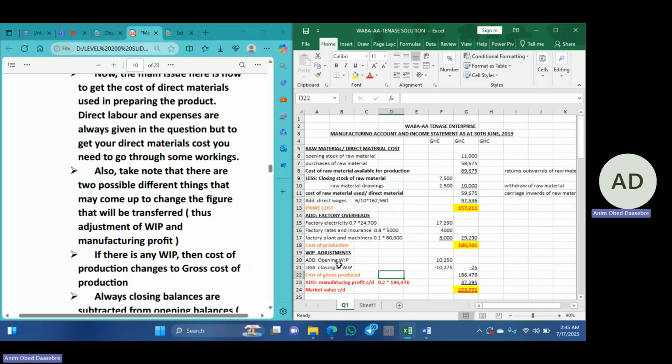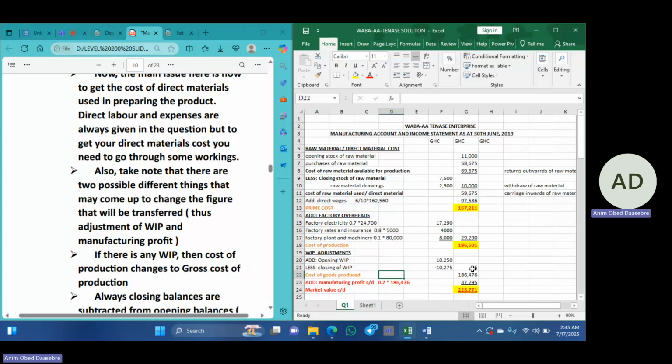You add the opening work in progress of raw materials, then you subtract your closing value of work in progress of the raw materials.